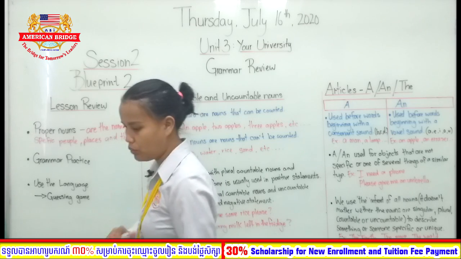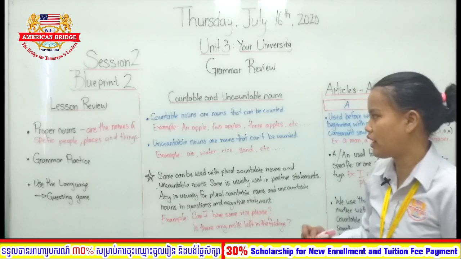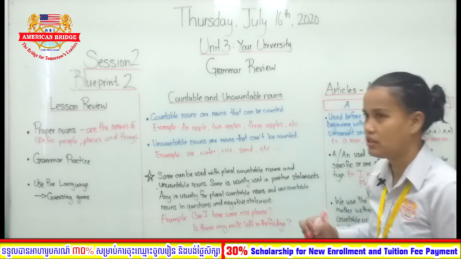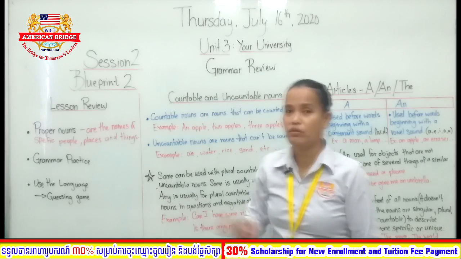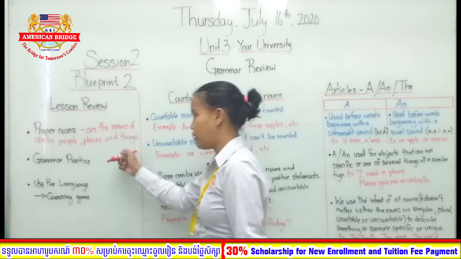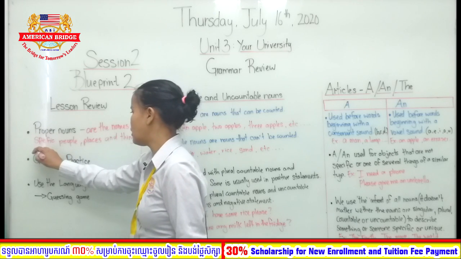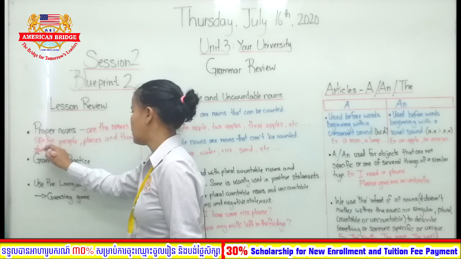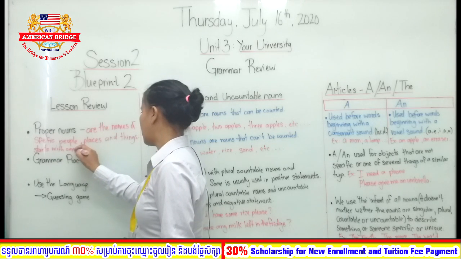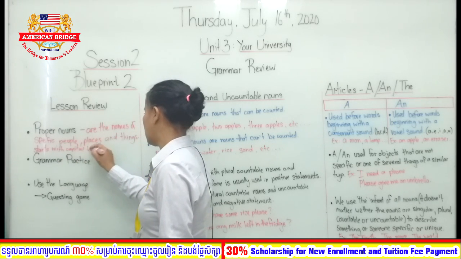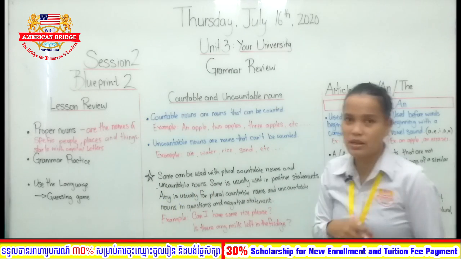So, for example, what? Cambodia, James, cat, and of course, with proper nouns, we always start with capital letters. Okay, and then we also did some grammar practice.